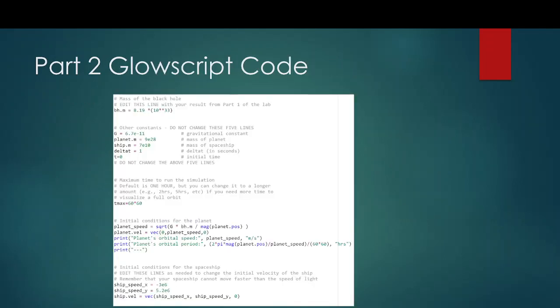So looking into the code, we see how we plugged in the number for the mass of the black hole at the very top, 8.19 times 10 to the 33, and everything else stays the same. Ship speed of 7 times 10 to the 10th, sorry.